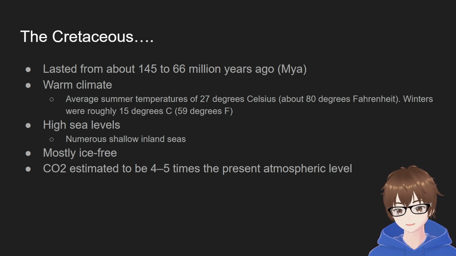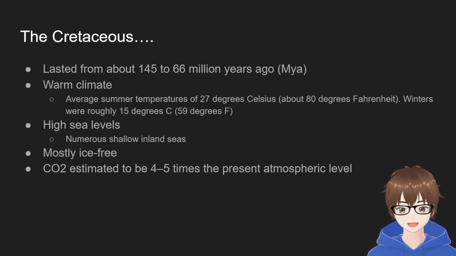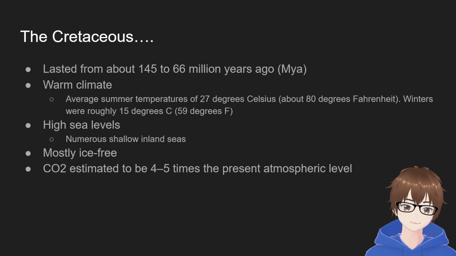So, again, high sea levels, numerous shallow inland seas, kind of like between Africa and Eurasia, and then also inside the United States, some of the low areas and stuff like that being covered with water. And that's because it was mostly ice free, the ice had melted, like I said before. And then one of the other things is CO2 is estimated to be 4 to 5 times the present atmospheric level.